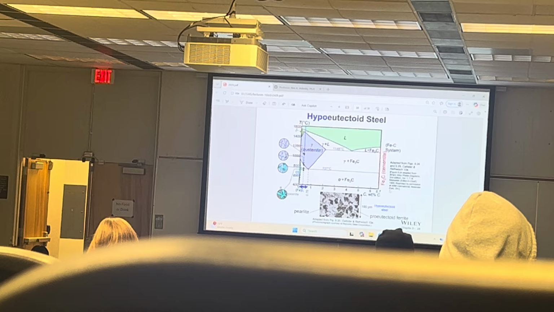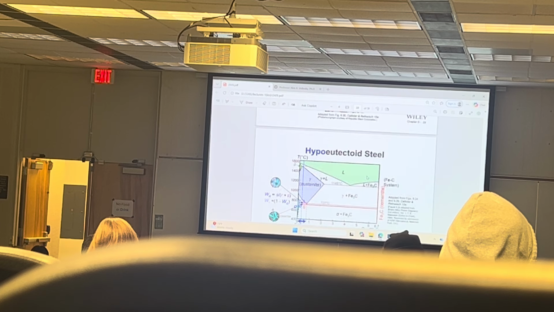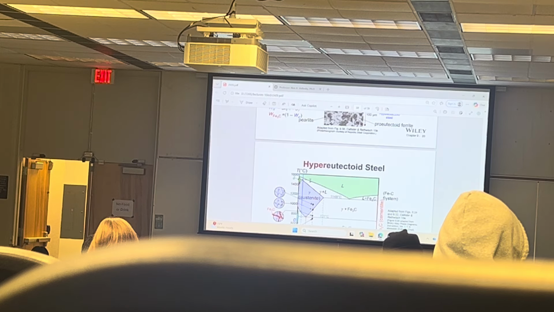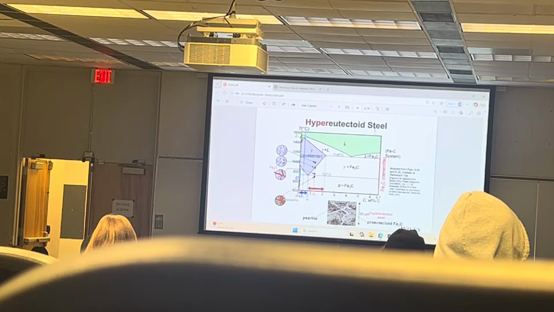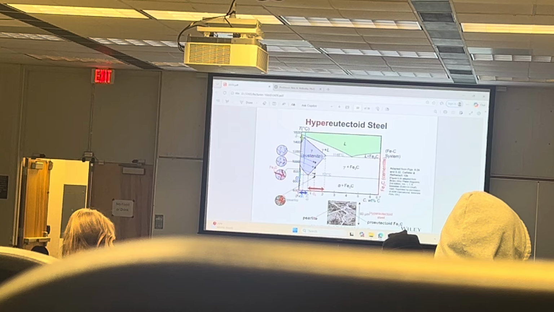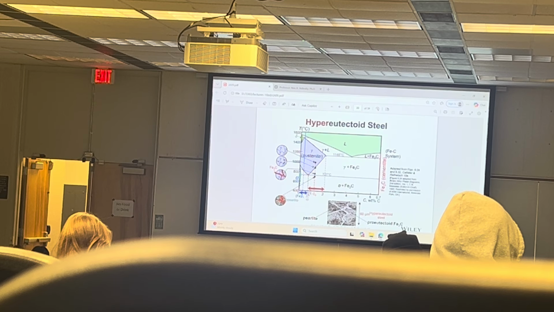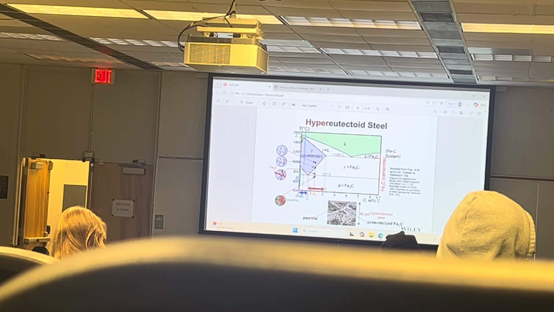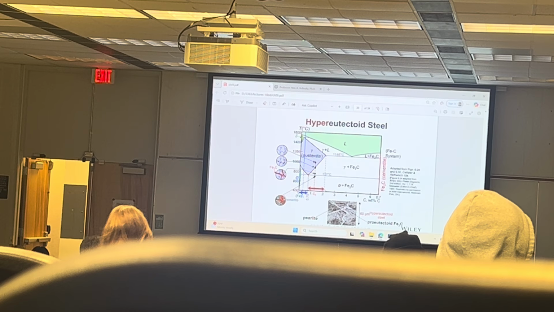And here's the corresponding microstructure below here. And there's hypereutectoid steels in this region right here, and we're on the right side. So look at the percentage in terms of the carbon, from 0.76 to just over 2%.